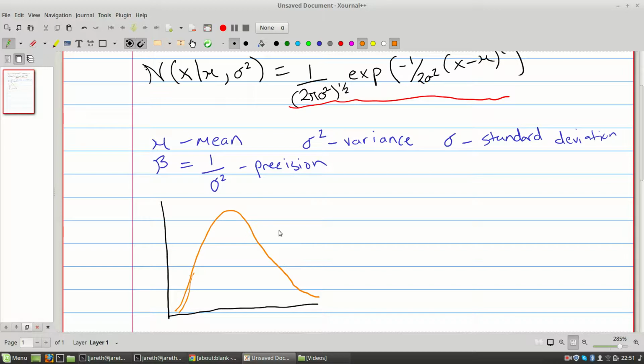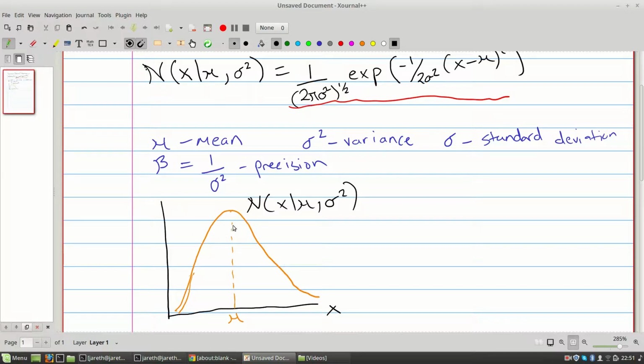This part here is what we call the mean, mu, and what this represents is what we said, N of x given the parameters mu and sigma squared. This is our x-axis, and this is our probability density function.